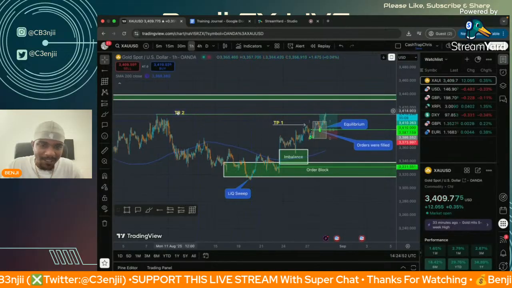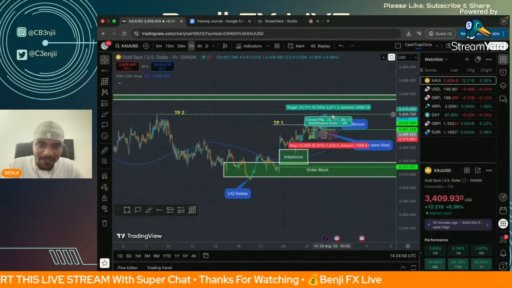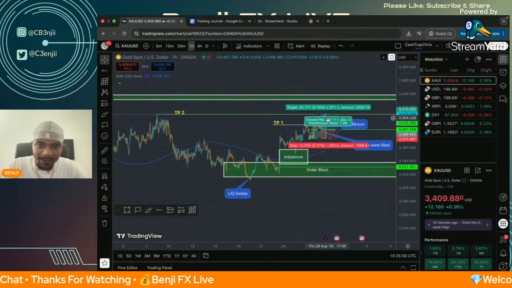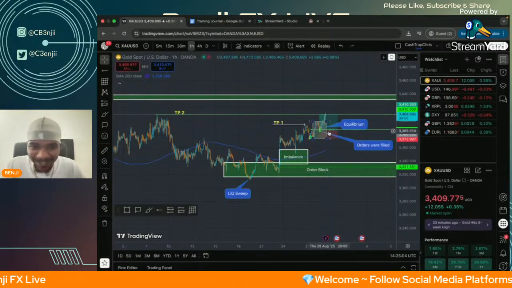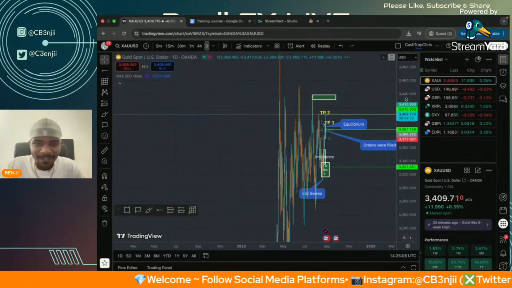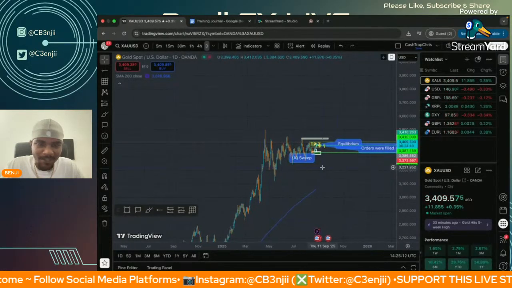Yeah, I'm seeing a liquidity sweep. Liquidity sweep, we get an order block, and go back down in these zones because really to me it looks like gold is in a range. And it ranges a lot.